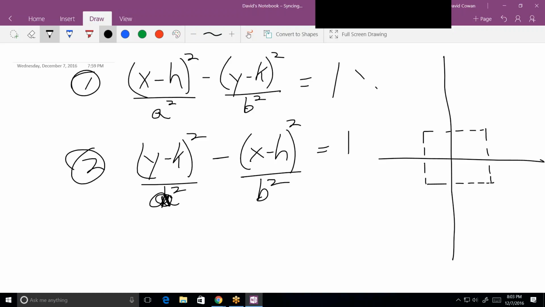You then draw the diagonals through that rectangle, and those diagonals represent the asymptotes for your hyperbola. In other words, the hyperbola approaches those, never quite touching them.